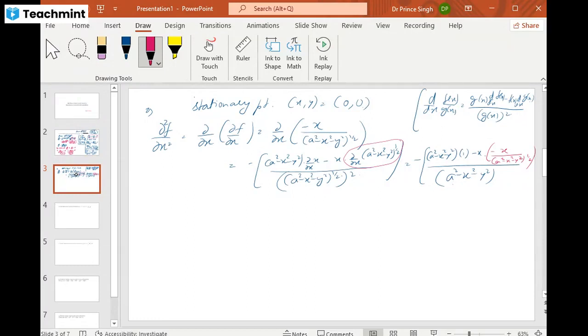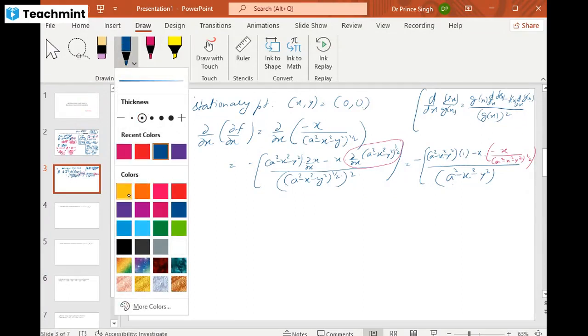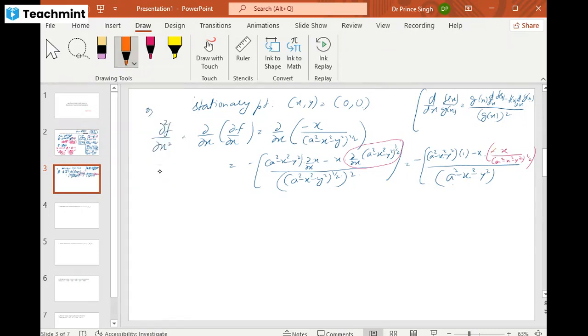So if we take the LCM, the first step is that this negative sign gets cancelled out with this negative sign. So we get ∂²f/∂x², with the minus sign common, (a² − x² − y²).